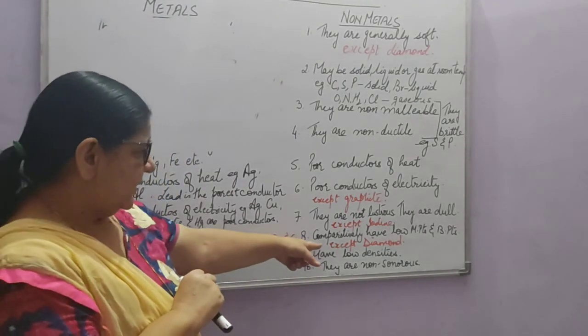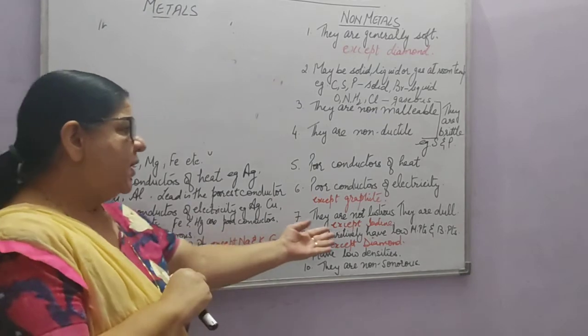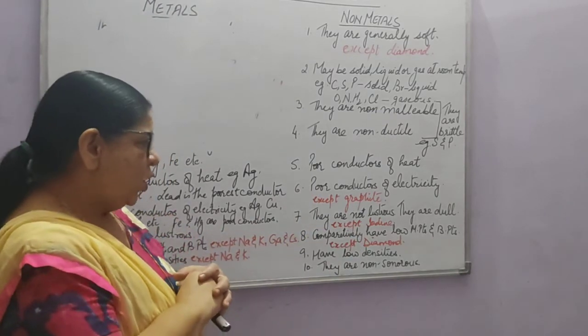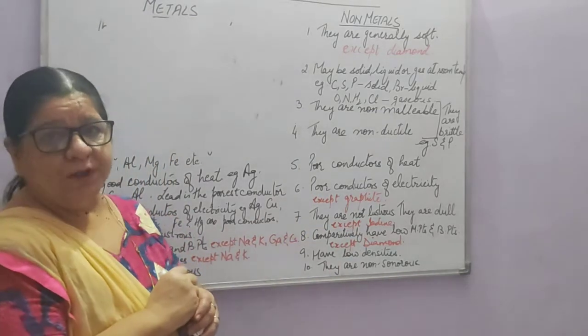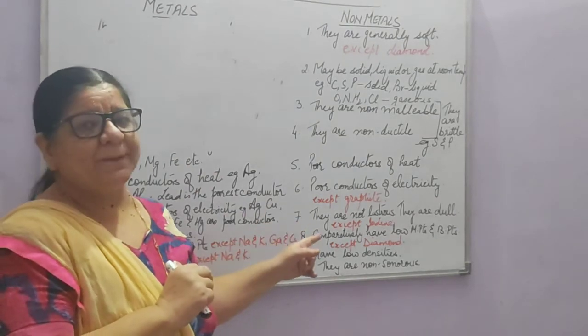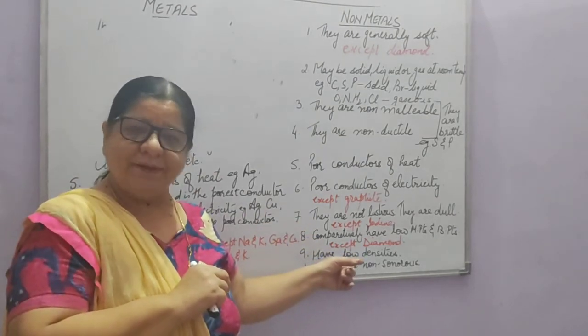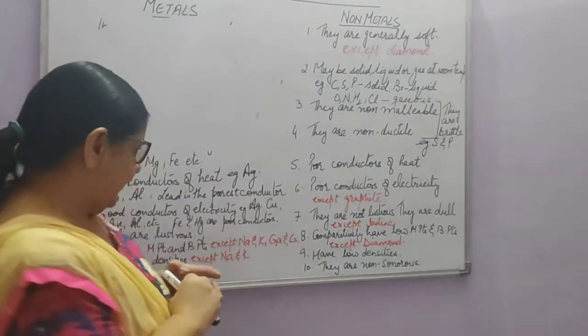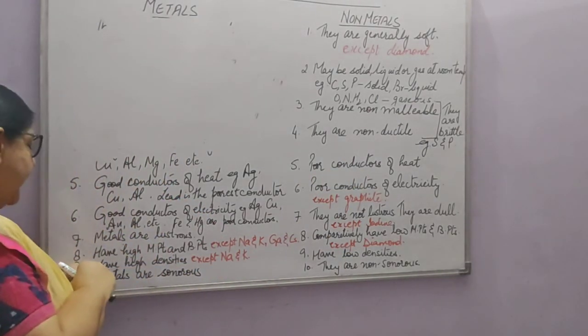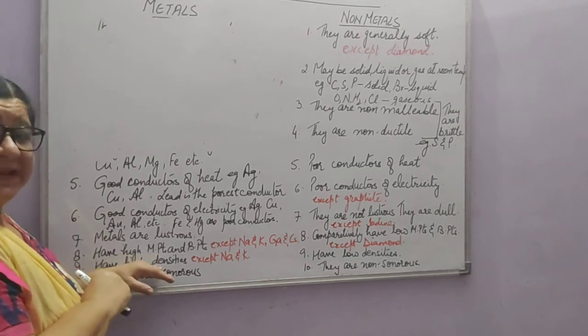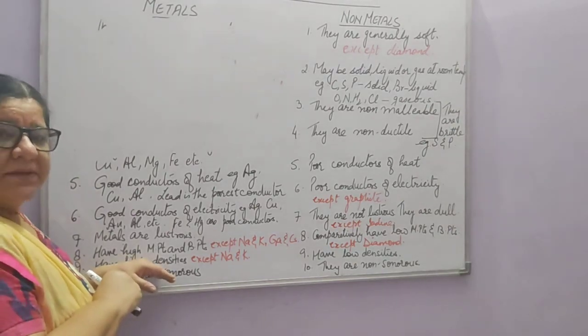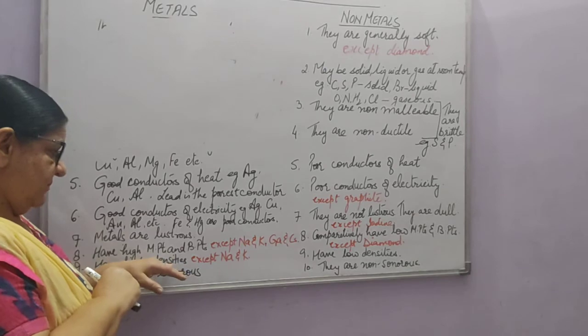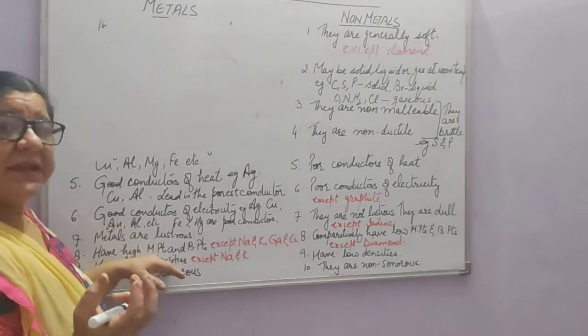Then comparatively to metals, non-metals also have low melting point and boiling point, but there is one exception, that is diamond. Diamond has high melting point and boiling point. Then metals have high density, right? That is, they are heavy.